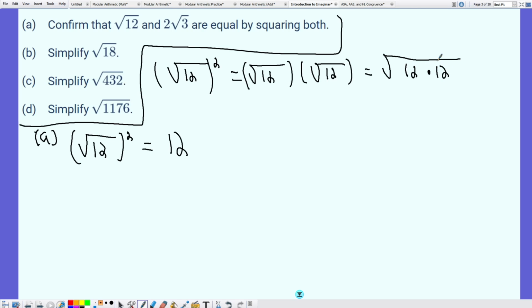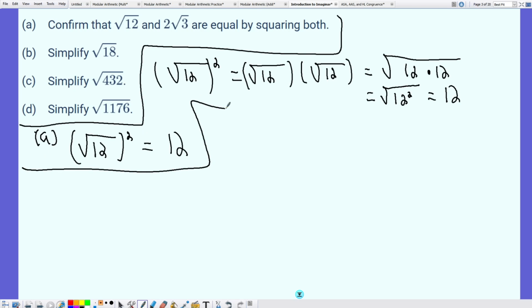And this will be helpful for what we're going to do later. And we should hopefully realize that that is, of course, 12 squared, which is just 12. So again, that is two different ways we could imagine part A. The second way might be a little bit more helpful to us for the next couple parts.